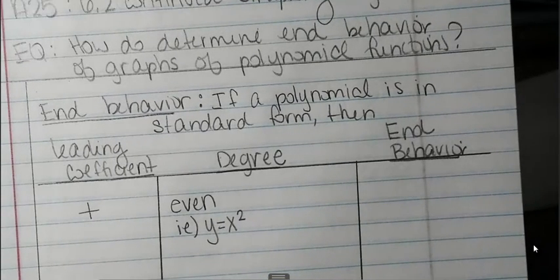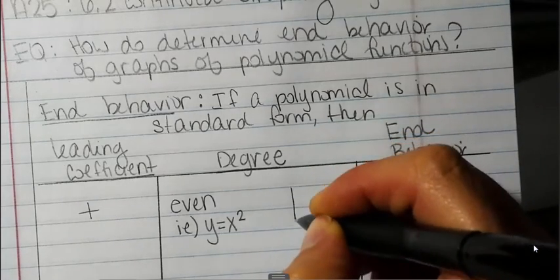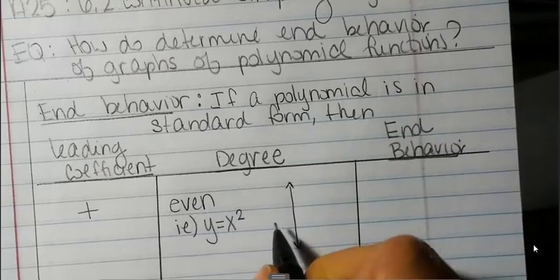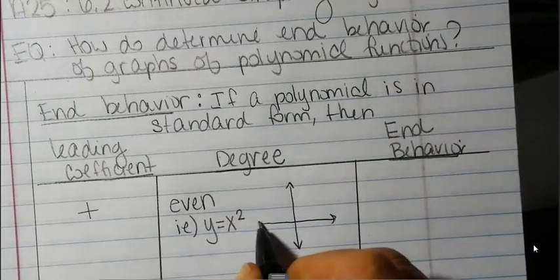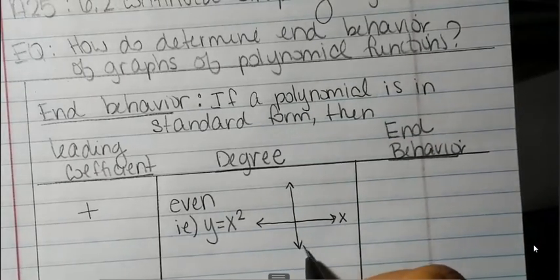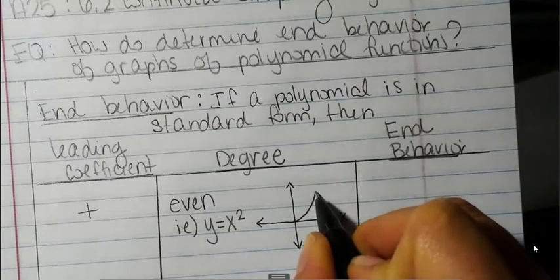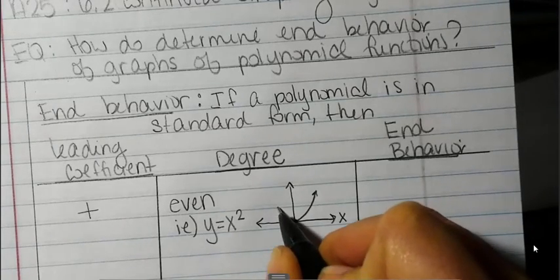Now you're really familiar, hopefully, with this graph, right? It's just a parabola that's facing up and going through the origin. So I'm going to have a parabola facing up through the origin.